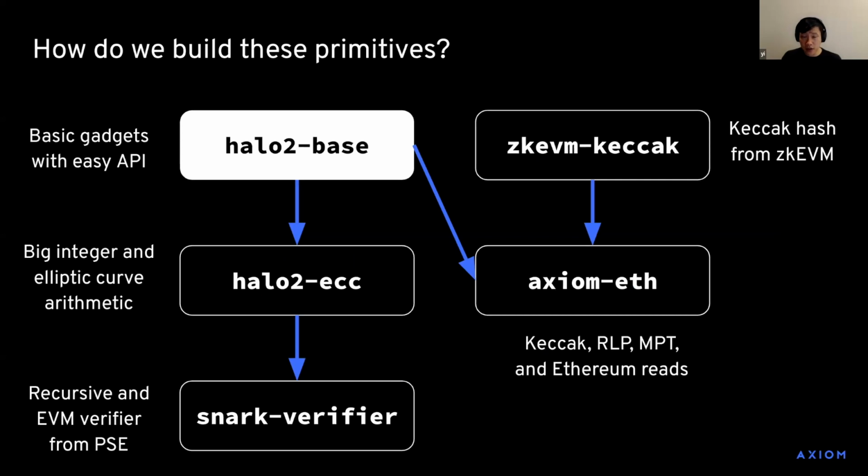We actually used quite a few external dependencies here. For Axiom E, we needed to use the Keccak hash from the ZK EVM. We exactly lifted that and made it compatible with our system. Finally, for the aggregation, we used the Snark verifier library from PSE.